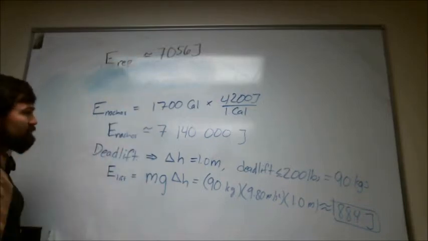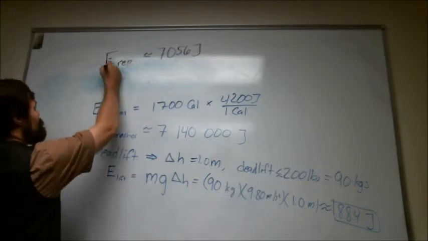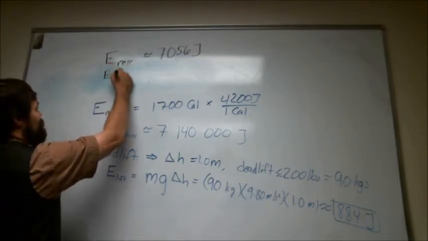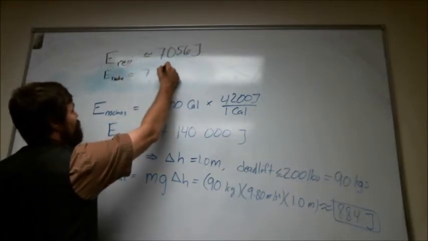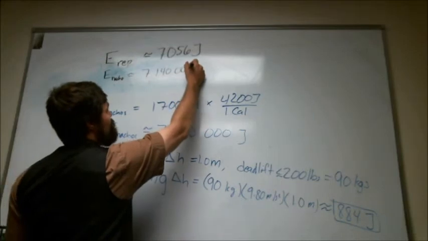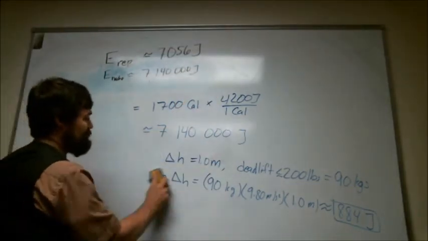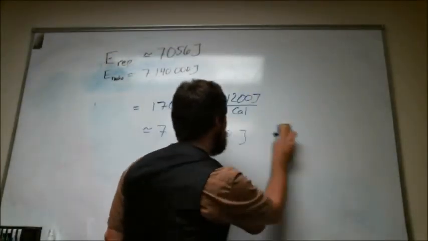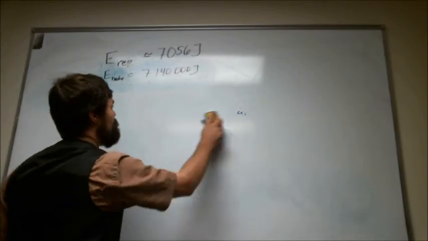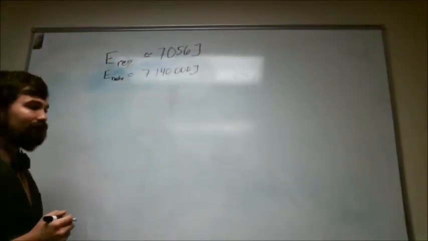Okay, and he's trying to get rid of 7,140,000 joules. So E nacho is 7,140,000 joules. So how many of these reps is he going to have to do before he's able to burn off all of those nachos that he ate at Moe's earlier in the day?